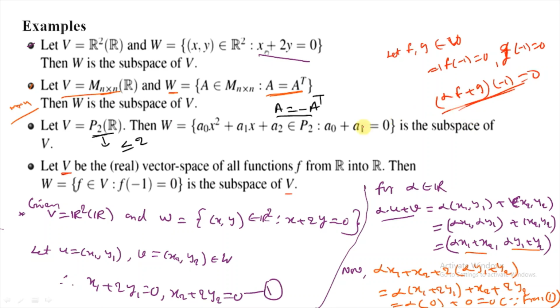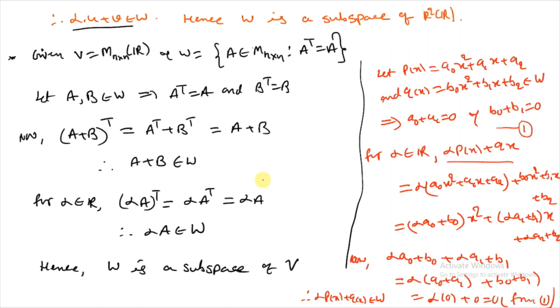Then this is a vector space, a subspace of V. Now check this condition. Verify whether it's a subspace or not. These are some examples. You can take many examples. You can verify in any linear algebra book. You will get plenty of examples. You can try that one.